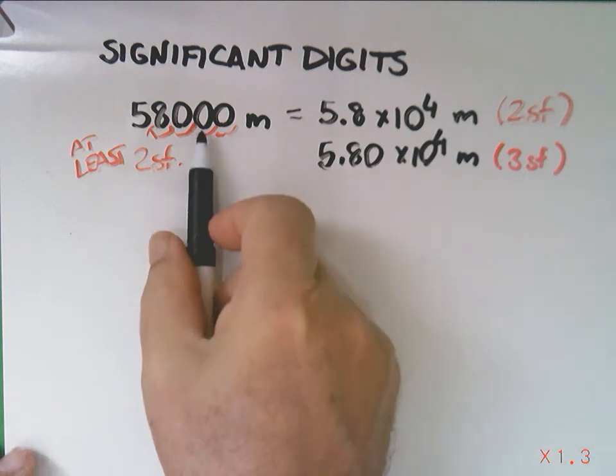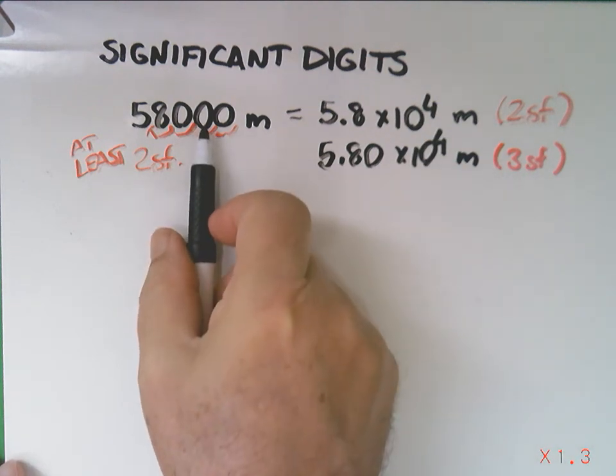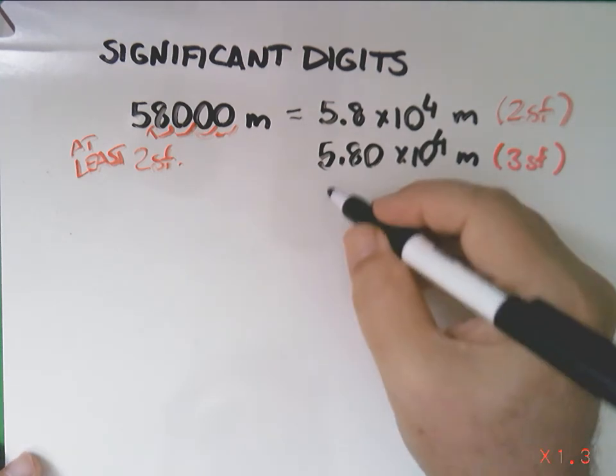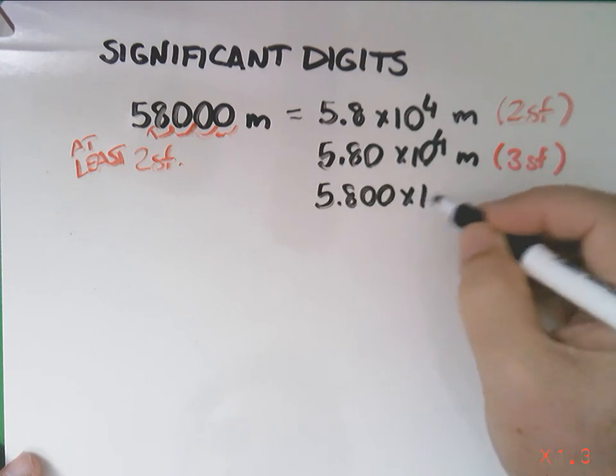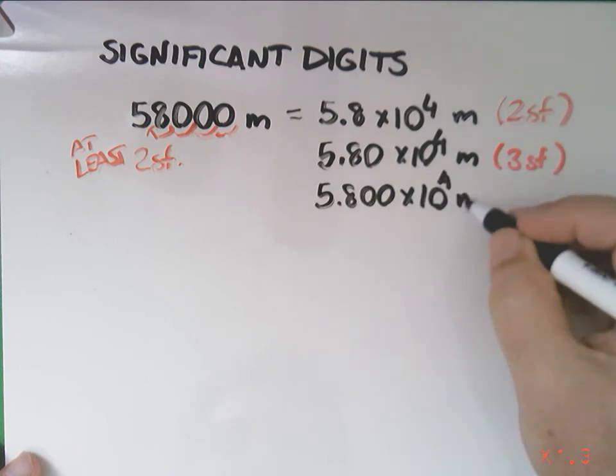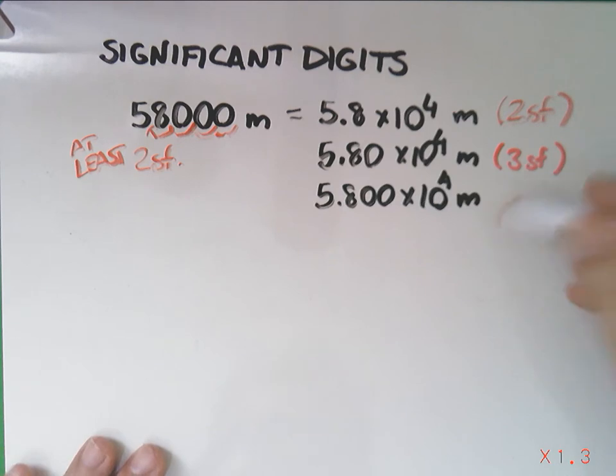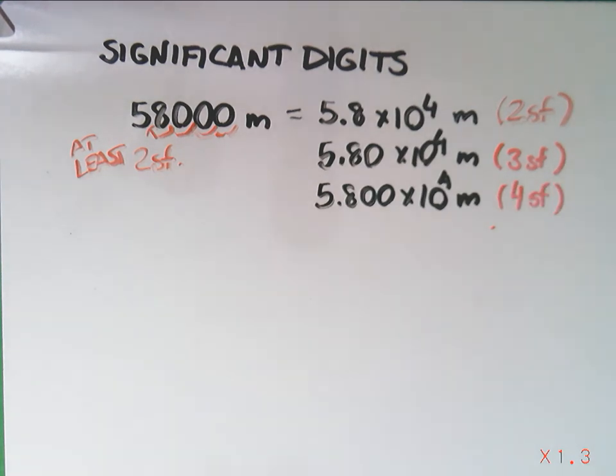What if I wanted to show that that's where my estimated digit was, that I knew this to give or take 10 meters? Four significant figures. And you can see how it goes.